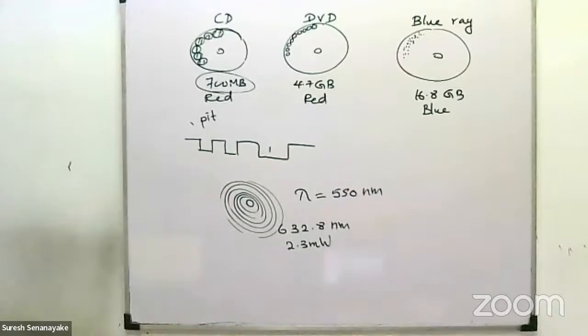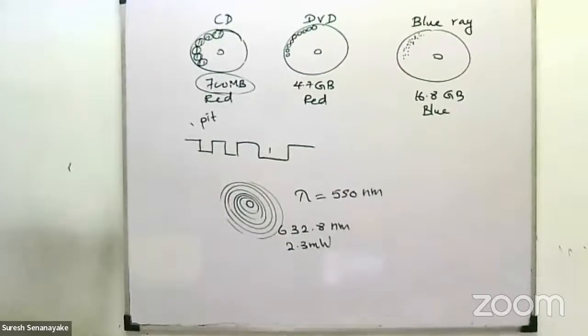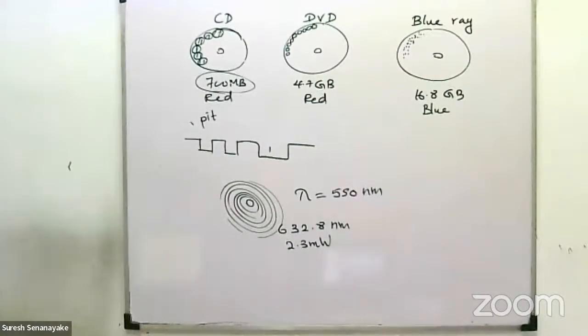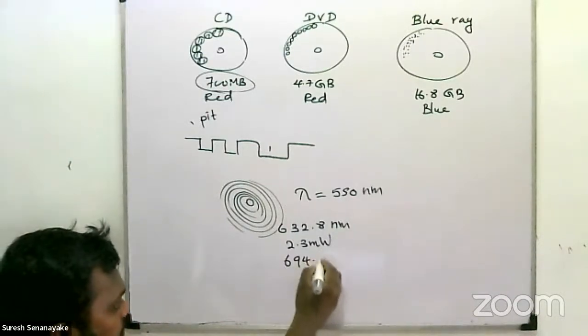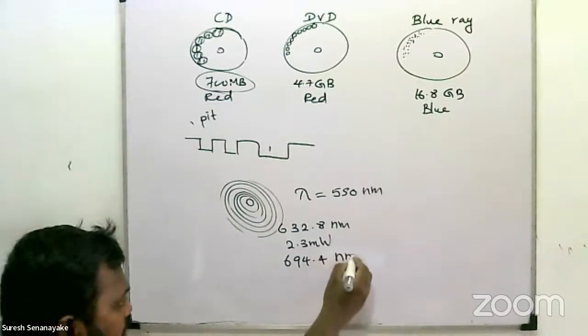Then write the third one. A pulse laser emits light at a wavelength of 694.4 nanometer.